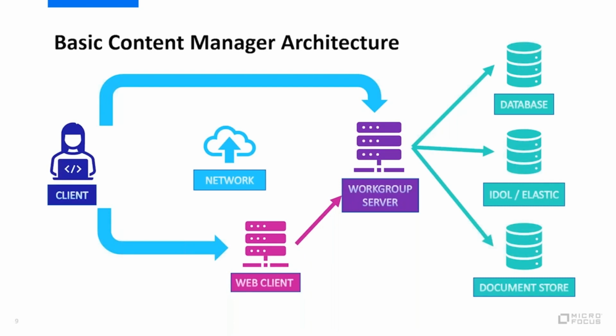The only difference is there's an additional layer sitting in between the client and the workgroup server, which is the web application, and the user from the client end will be accessing the web application in the web browser, and the request will be sent over HTTP or HTTPS. So with the architecture and the process workflow in mind, we can move on to our next step of troubleshooting.